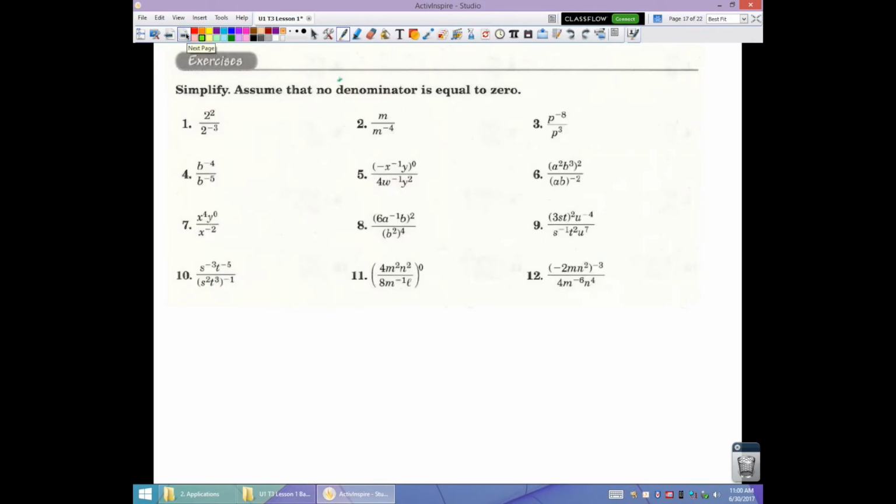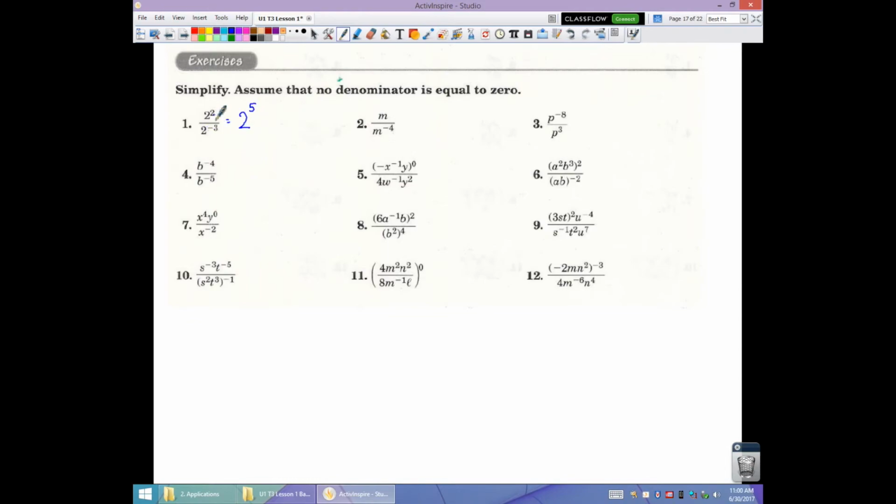One more little set here. Now, there are a couple ways to attack number 1. Probably the simplest is to just leave the negative exponent alone as it is right now and just subtract 2 minus negative 3 to get 2 to the 5th.